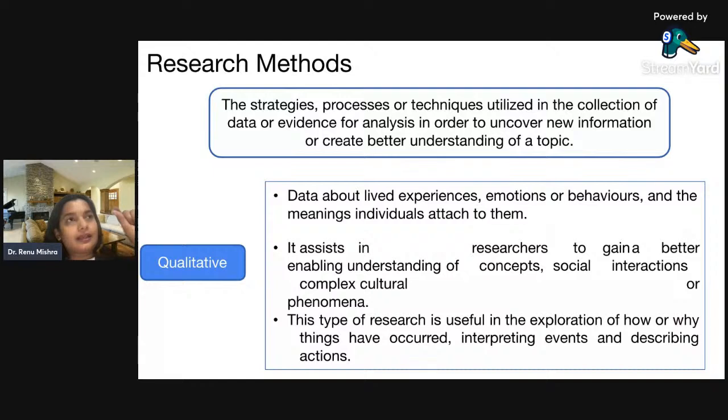Let's say your research is your house. You are going to investigate a topic and you have a problem in hand, and you want to reach solutions. What kind of tools you will use, what kind of sampling you will go for, what kind of data collection tool you will use, what kind of analysis techniques you will use, these are research methods. Any kind of strategy, any kind of process you are using to collect the information.